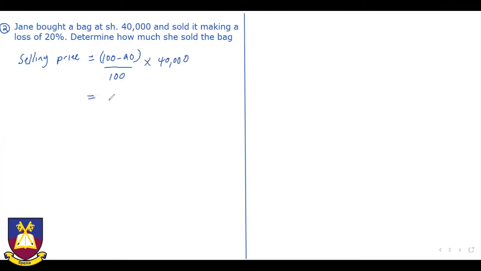It's going to be 80 out of 100, then times 40,000. This gives us 32,000 shillings. That's the selling price of Jane's bag.